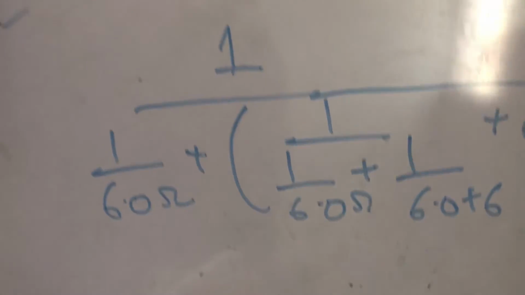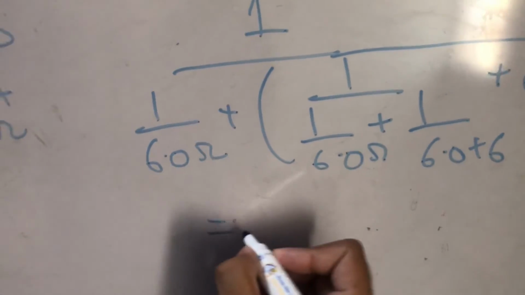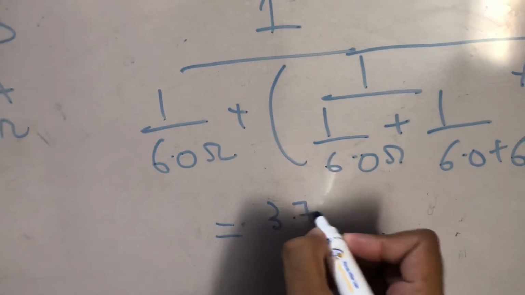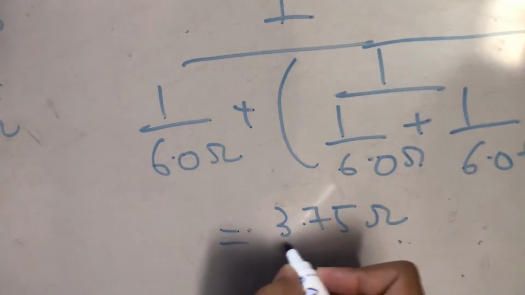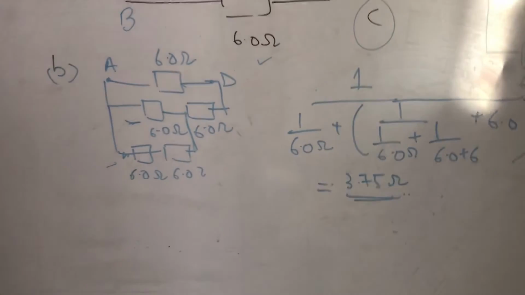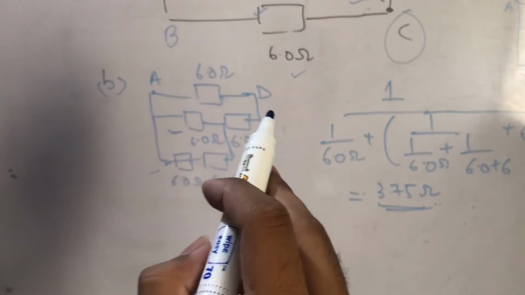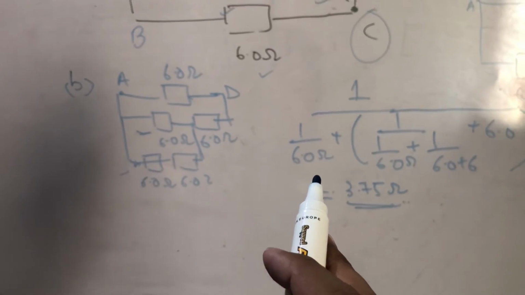After calculating all the values in this, we are getting the final value, that is 3.75 ohm. Just to recap how we did this example: from A to D is 6, so I have written 1 over 6.